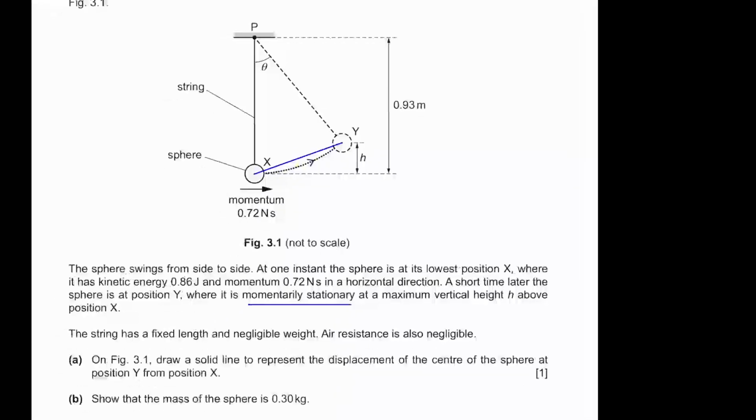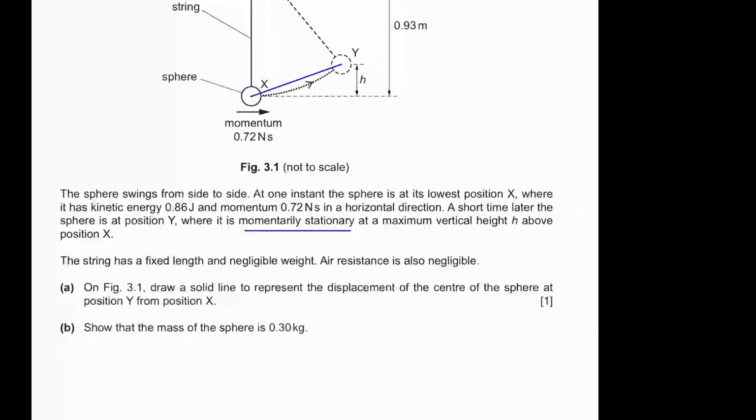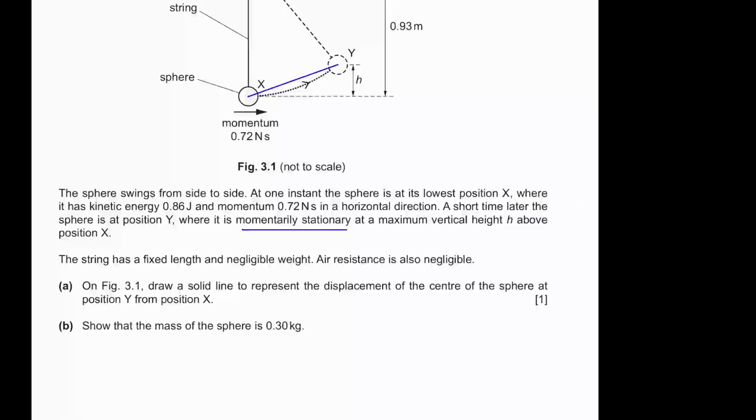Show that the mass of the sphere is 0.3 kilograms. As you see, kinetic energy is half mv square. That's equal to 0.86 joules. Momentum is m into v.